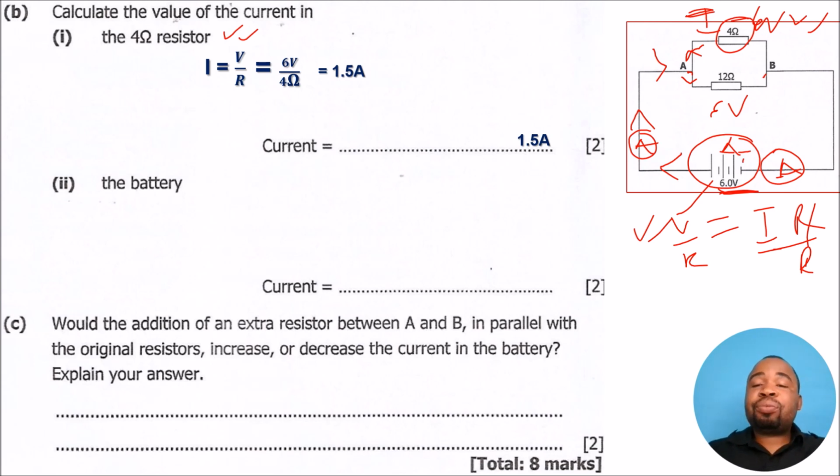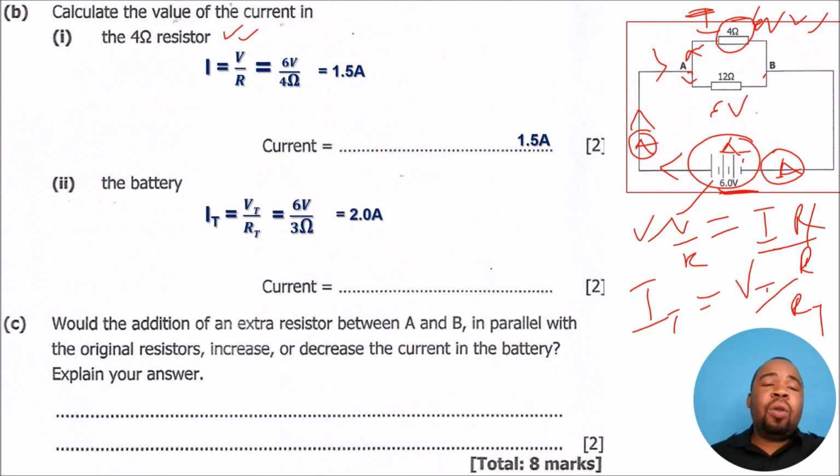So we recall that total current in a circuit is total voltage divided by the total resistance in the circuit. Why are we saying total current? The current flowing through the battery is equivalent to the total current because current has not yet divided. What is the total voltage? 6 volts from the battery.